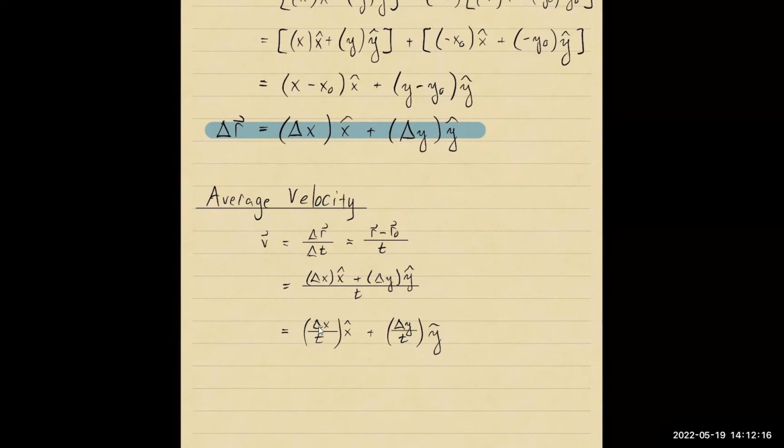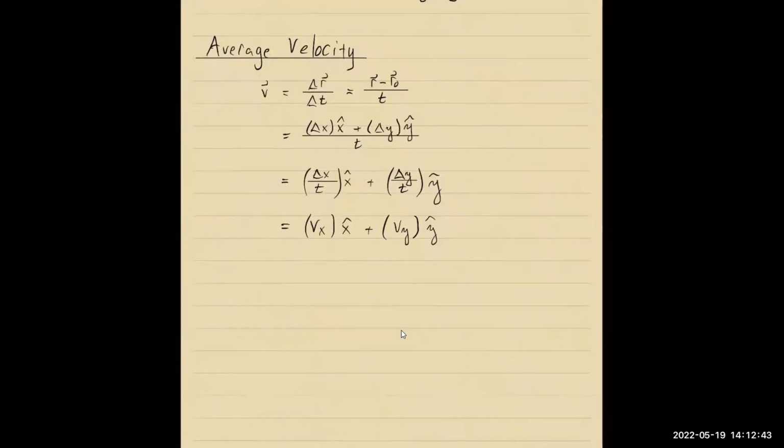But notice that the displacement of x divided by the elapsed time is the average velocity of our object in the x direction. So I'm going to call the thing in the first set of parentheses Vx, our velocity in the x direction. And I'm going to call the thing in the second set of parentheses our average velocity in the y direction, so V sub y.